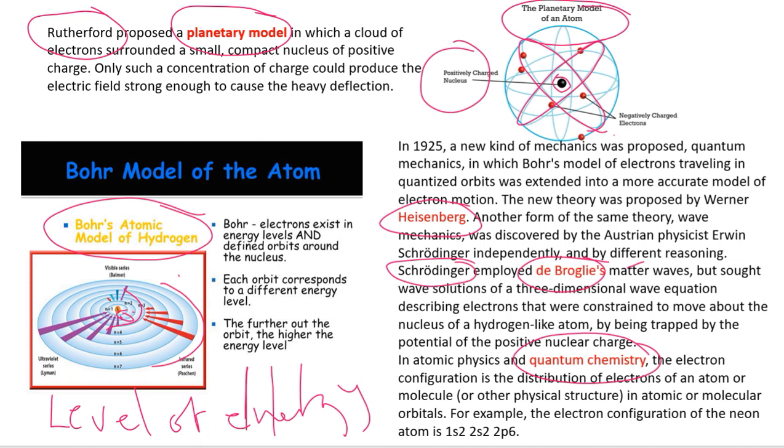The orbitals are the most probable space of the atom where we can find an electron. That's quantum chemistry, or also quantum mechanics in general.